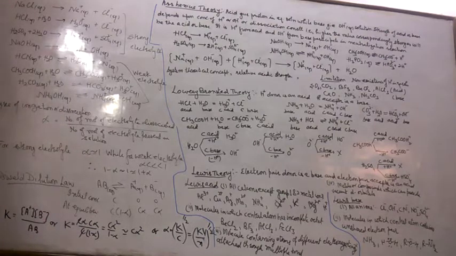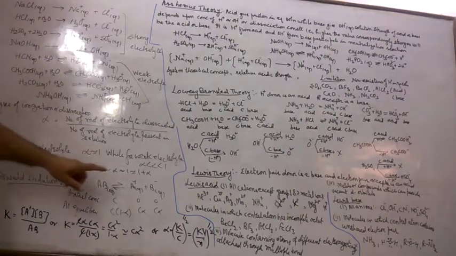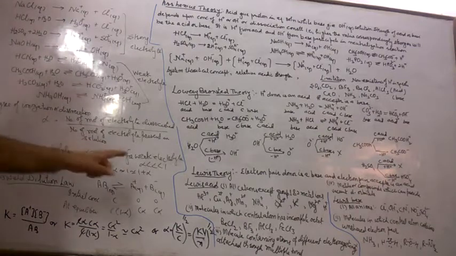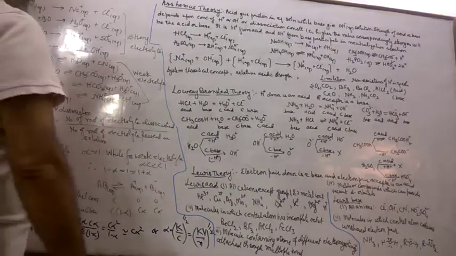This is alpha, number of moles ionized divided by 1. On the other hand, in case of a weak electrolyte, it is 0.08, sometimes even less than this. And in this case, alpha is very, very less than 1.